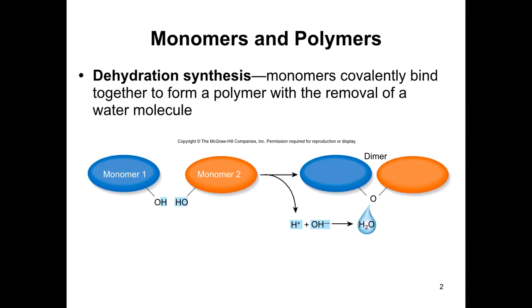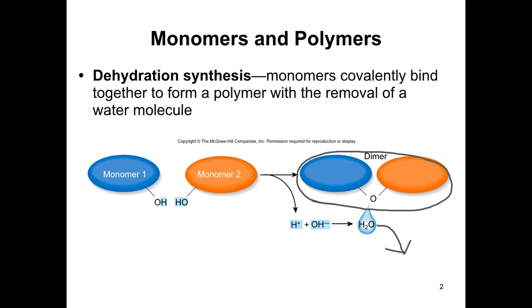And the energy of that water leaving, because water is very stable, so water likes to form, the energy of that water leaving is what's going to drive the polymerization.